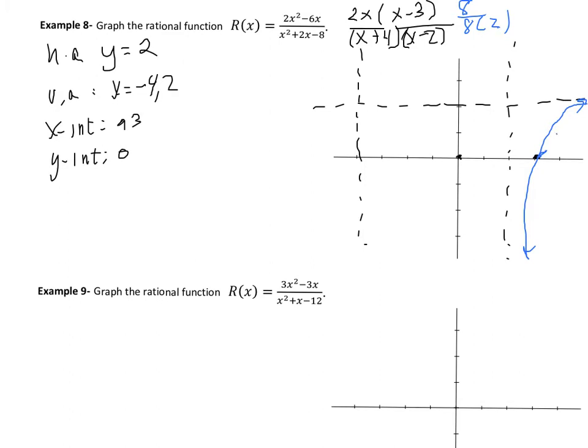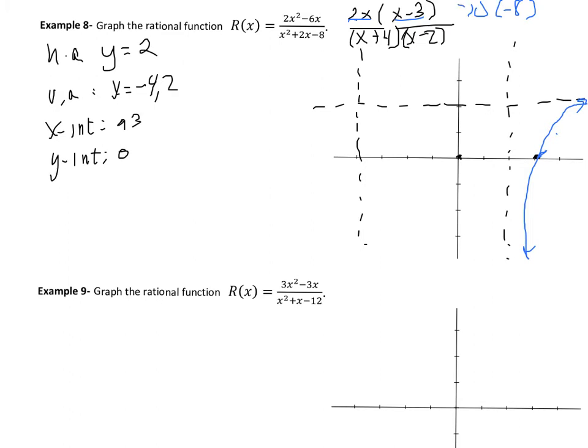Okay, so let's go less than negative 4. So negative 5. If I go negative 5, then I get a negative here and a negative here, and a negative times a negative is positive. So negative 5 times 2 is negative 10. Let's just do it right. Negative 5 minus 3 is negative 8. Negative 10, sorry.